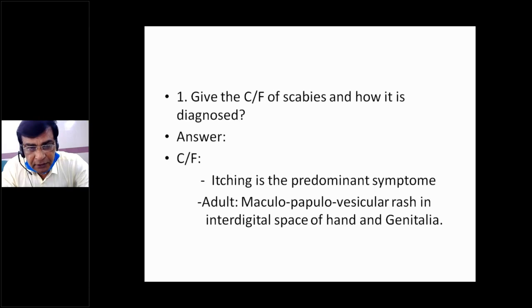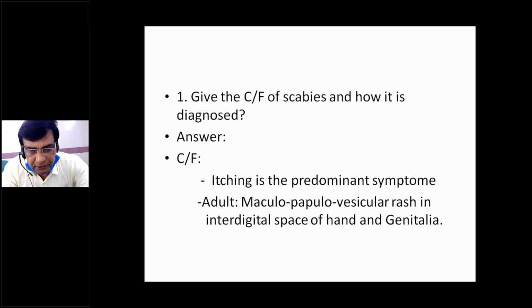So today, card number 17, and our first question is give the clinical picture of scabies and how it is diagnosed. The scabies you will suspect when there will be intense itching. Itching is the predominant symptom of scabies.